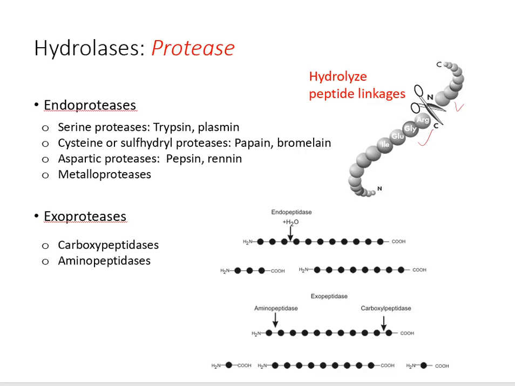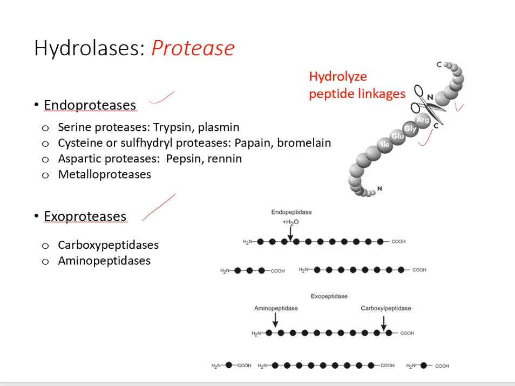Proteases can be classified based on their origin, catalytic activity, and nature of the reactive group in the catalytic site. The major sources of protease enzymes are animals, plants, and microorganisms. They are divided into two groups: endoproteases and exoproteases. So it's based on the site of action on polypeptide chains.